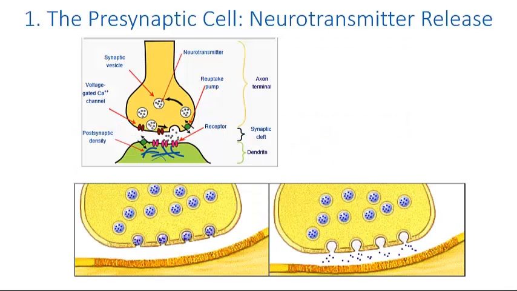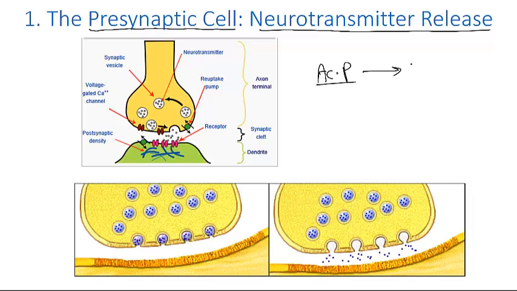We start with the process as it occurs in the presynaptic cell, and the process here is neurotransmitter release. So what happens there? An action potential in the axon terminal causes voltage gated calcium channels to open up. Why are they open? Because of the action potential.